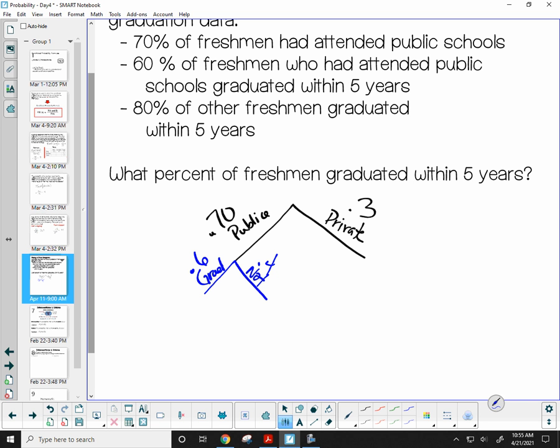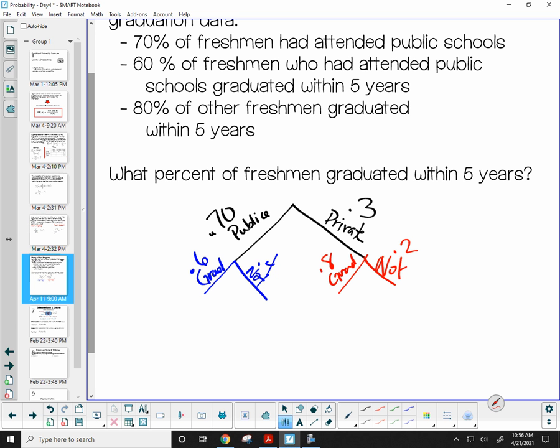We also have the same thing for the private. 80% of the freshmen graduated in 5 years. So we have graduated and not. We know that's 0.8. Not graduating in 5 years then would be 20%, 0.2. Is that okay? So let's first figure out, it says what percent of freshmen graduated within 5 years? Let's figure out just the public side first.